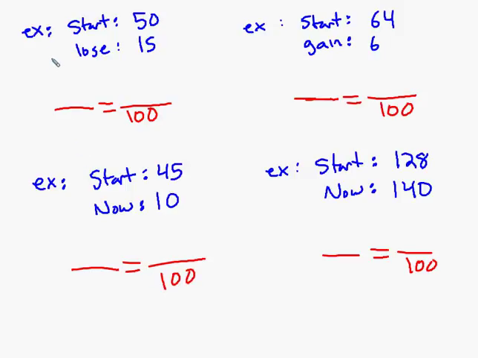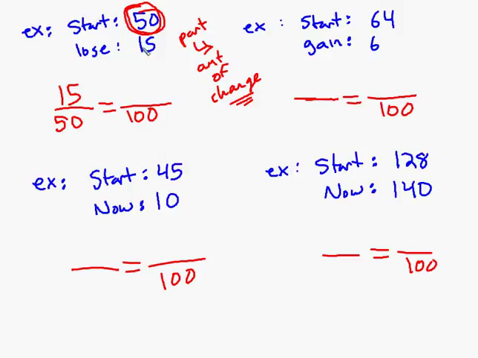All right, in the first one, what's your whole? 15. 35. 50. Wait, no, listen to my question. Oh, the whole is 50. What's the part? 35. Let's think. The part is the amount of change, right? So if I lost 15, what's the amount of change? 15.